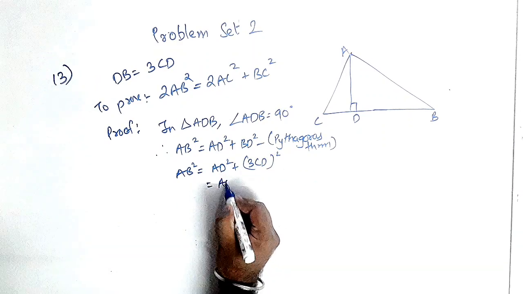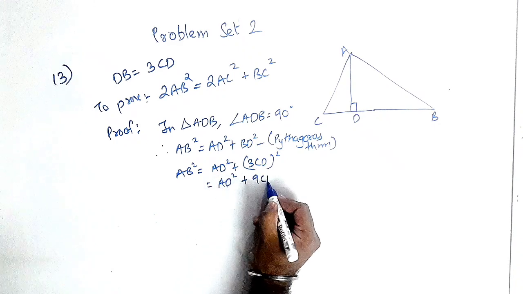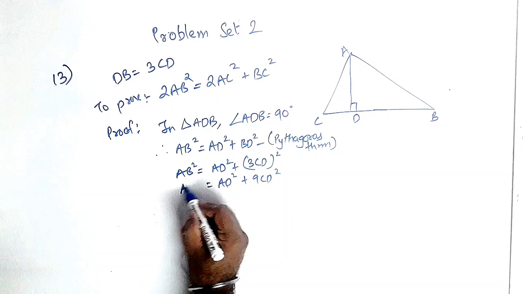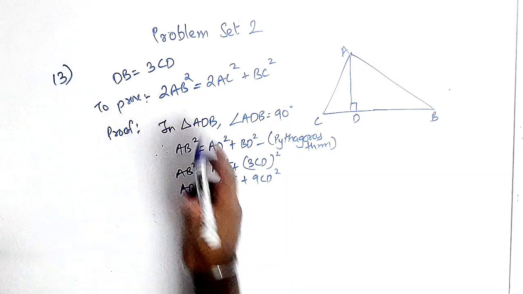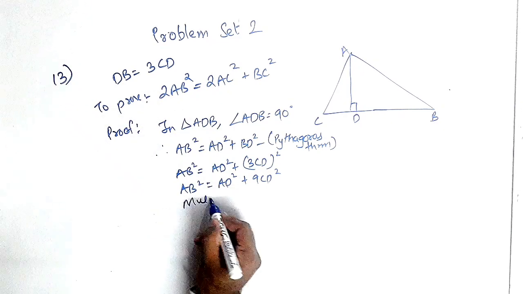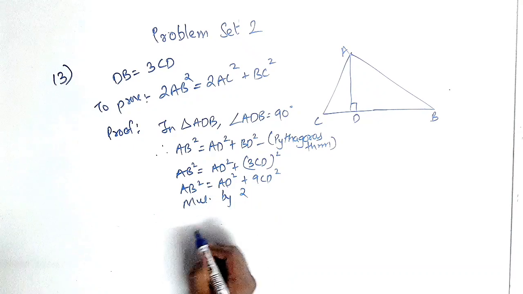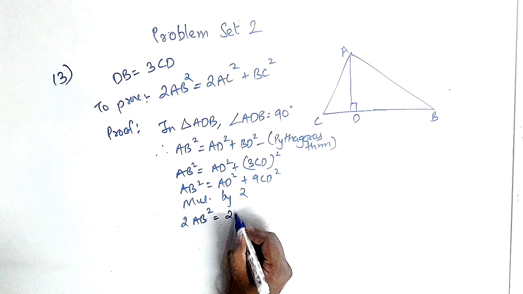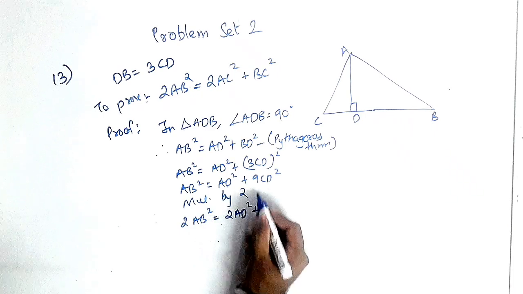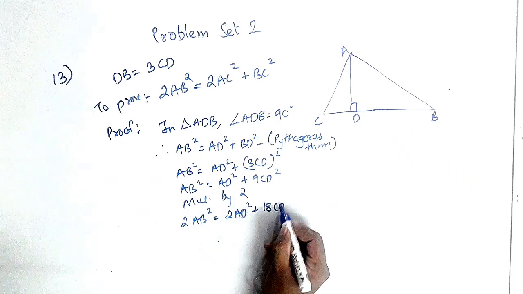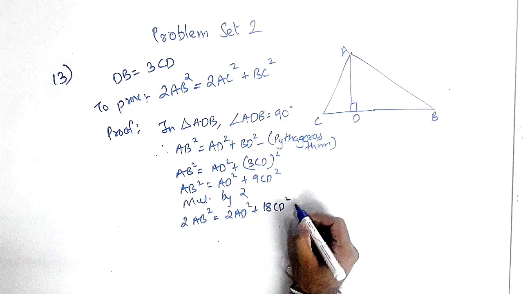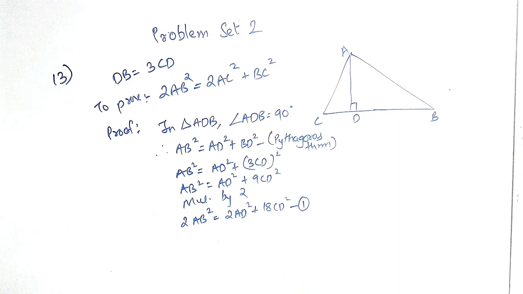So this becomes AD square plus 9CD square, correct? But I want 2AB square, so multiplying by 2, what will we get? 2AB square becomes 2AD square plus 18CD square. We are multiplying the whole equation by 2. So this is your first one.